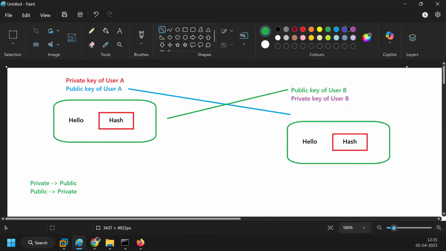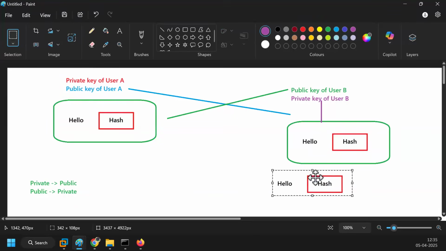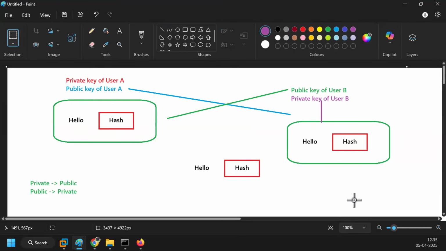So for that, our user B is going to use his own private key for decrypting the message that was encrypted with his public key. And with the help of that, he will have a message and the hash value. But again, the hash value is encrypted with the sender's private key. That is your red color.